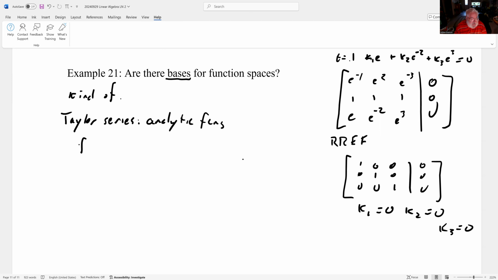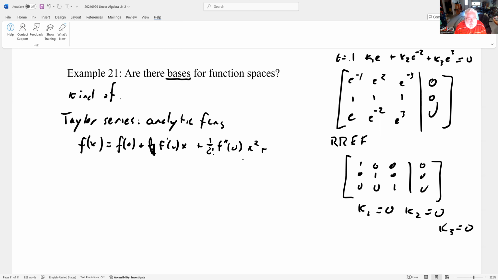Because if f of x is an analytic function, that means that you can rewrite it as f of 0 plus f prime at 0 times x plus 1 over 2 factorial f double prime of 0 times x squared plus 1 over 3 factorial third derivative at 0 times x cubed plus dot dot dot.